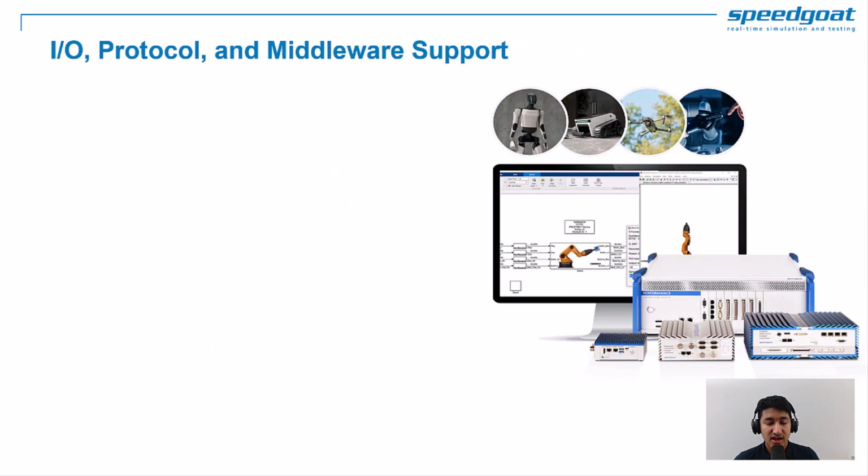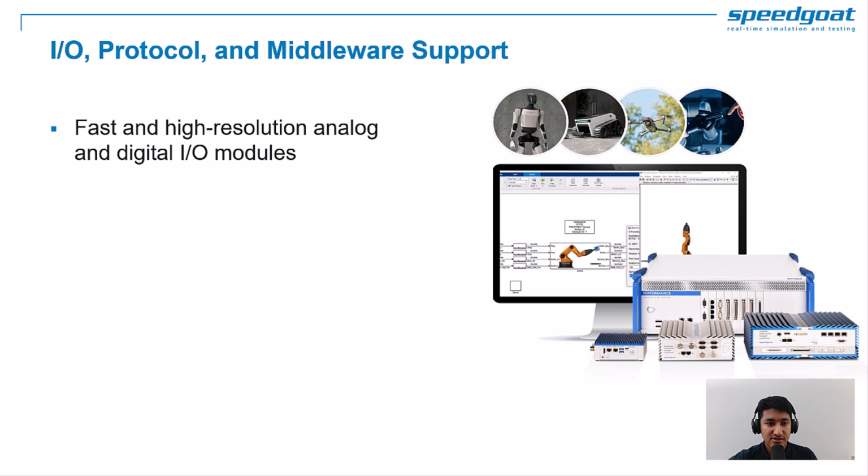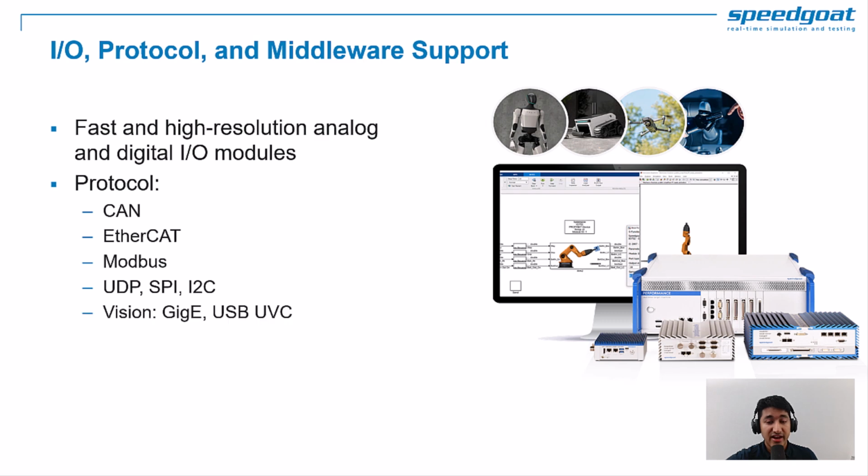SpeedCode test systems are equipped with key I/O modules which include fast and high-resolution analog and digital I/O modules, and protocol support for CAN, EtherCAT, Modbus, UDP, SPI, I2C, and vision protocols such as Gigabit Ethernet, USB UVC.